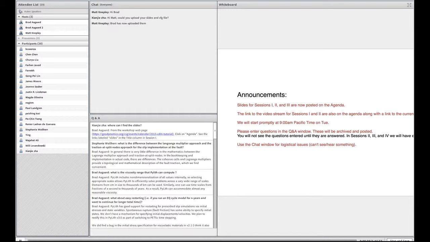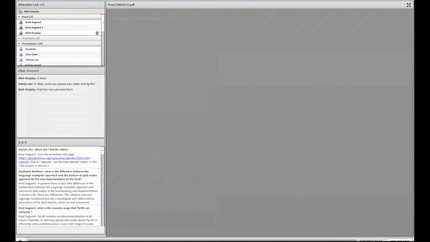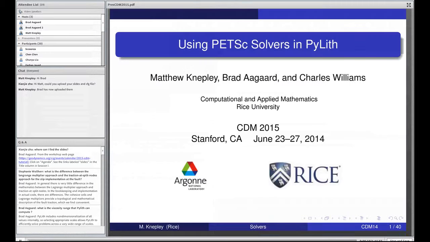And what I wanted to do for this session is tell you some things about how the solvers work. So let me explain what the point of it is first, because sometimes it's not totally apparent.